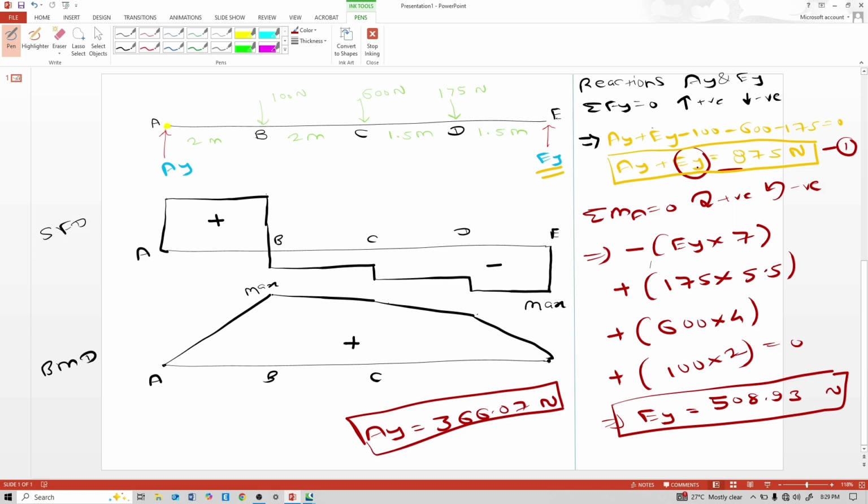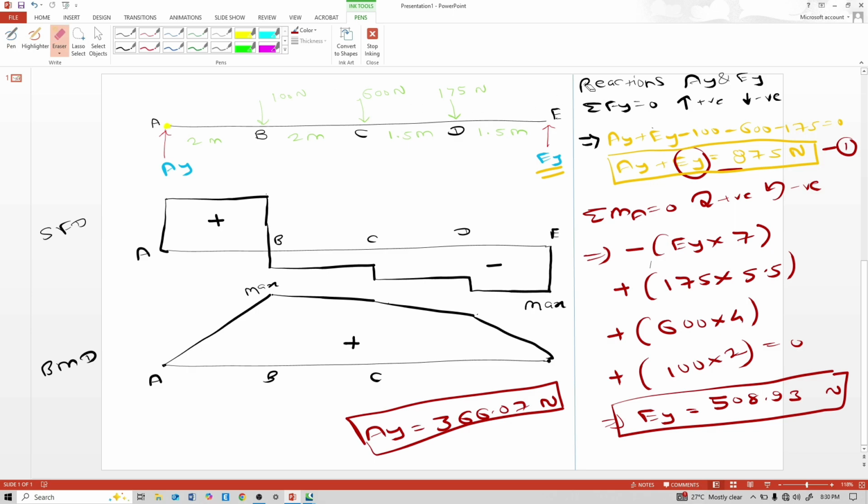So this AY is 366.07 and EY is 508.93. It is 875 Newton. And the load summation is also 875 Newton: 100 plus 600 plus 175, 875 Newton. So our reactions are correct.